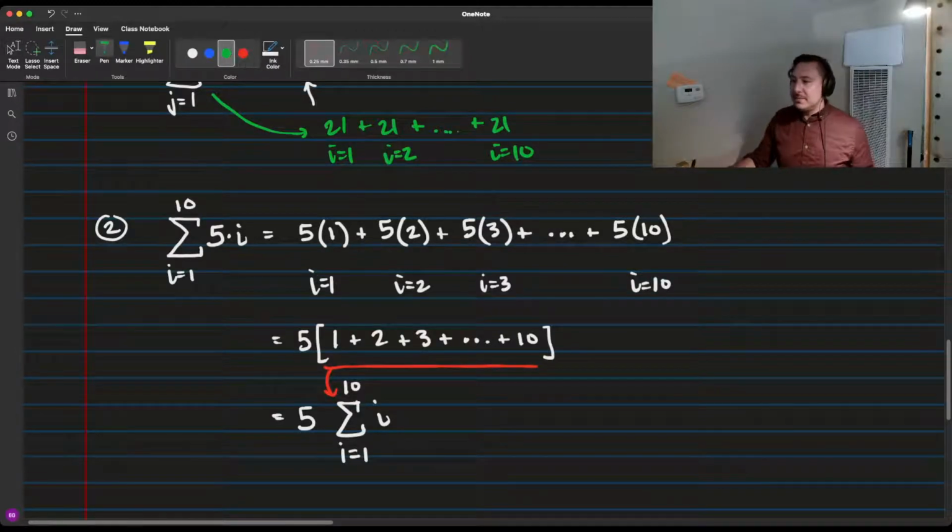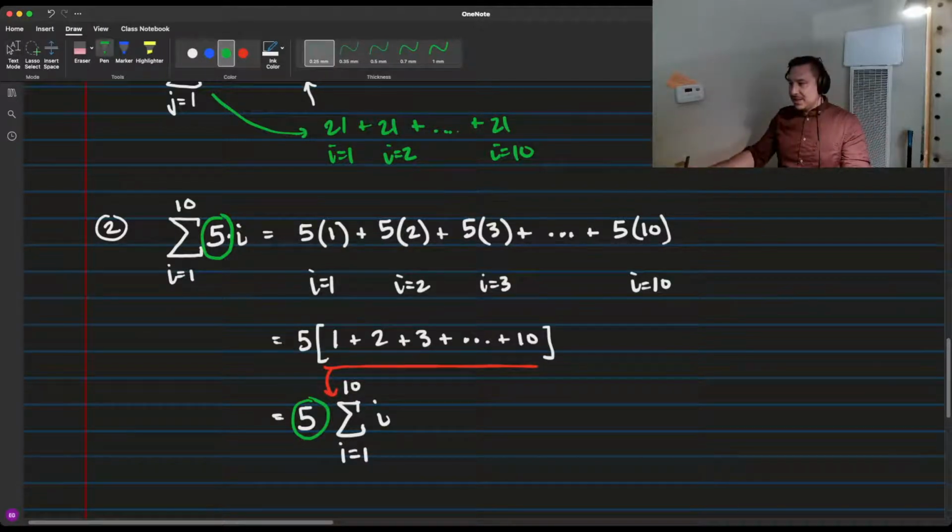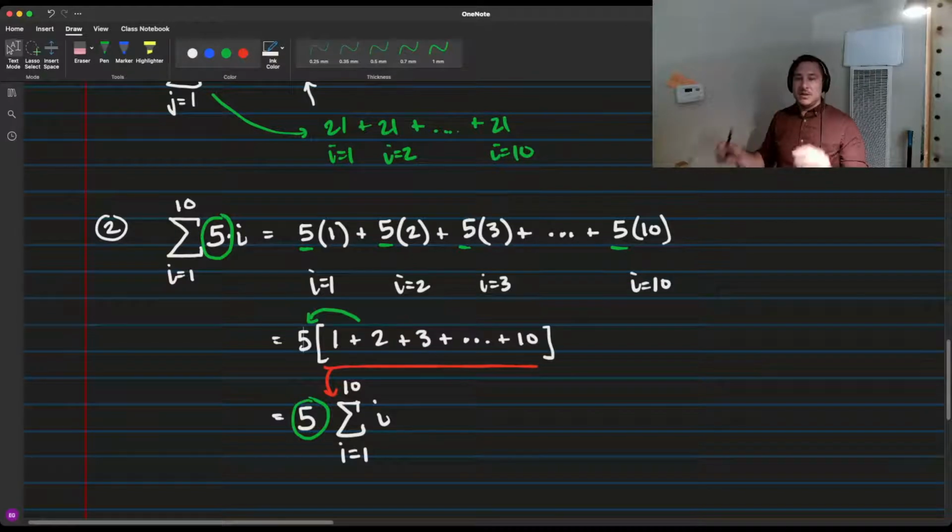Now what do you notice happened? If you have a constant inside of the sigma notation, what can you do to that constant? Factor it out, just like how if you have a bunch of 5s in repeated addition, you can factor out all those 5s to the front. That's literally what this rule is telling you. So you can factor out a constant in sigma notation.